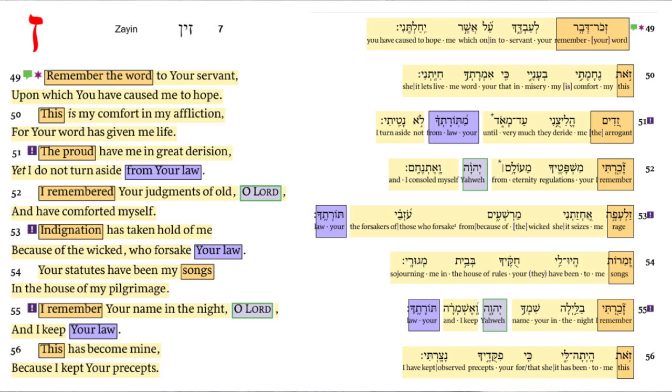So this indignation, it's an interesting word, and really it creates in him that burning fearfulness, that sense of horror, and I guess you could say some foreboding, horrible thing. And so it says that it's taken hold of him, and that means that he's just gripped by it.